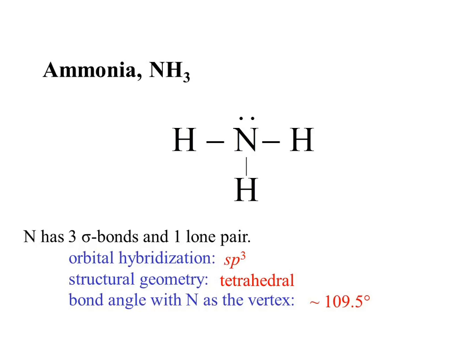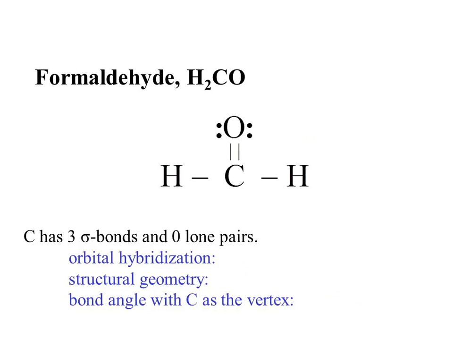Let's do the same thing for this one. In tomorrow's lab, you're going to be looking at the atom in the center. So that would be the carbon atom. Like the heading says, if you count sigma bonds, we have 1, 2, 3. Remember the double bond there, one is sigma and one is pi.